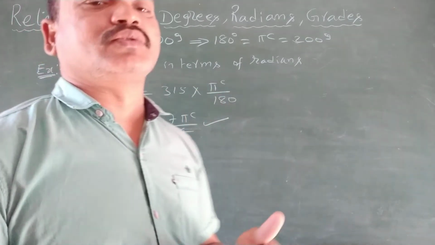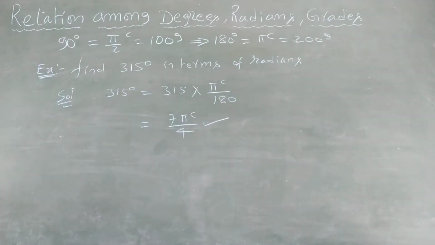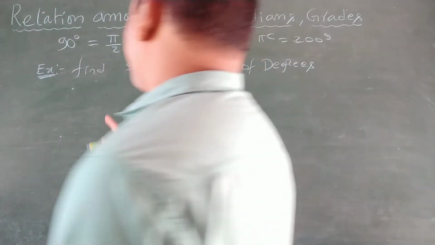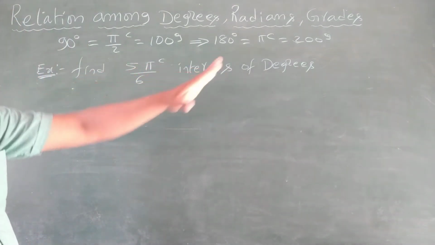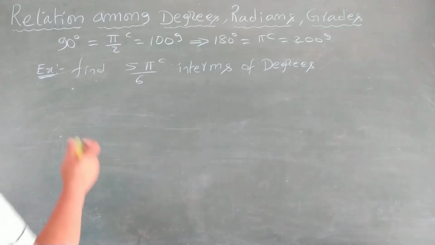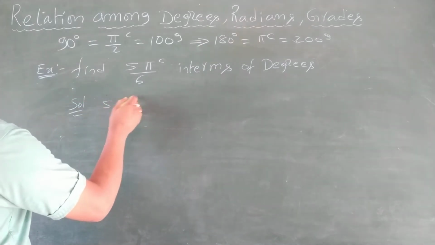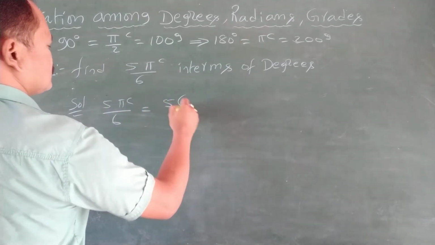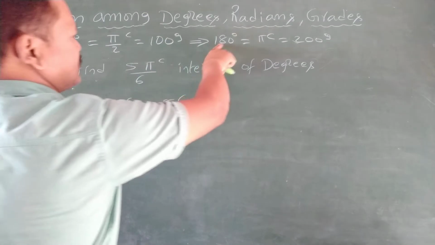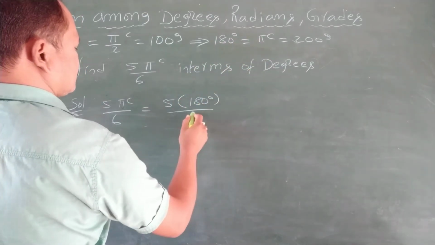Now we are going to convert radians into degrees. Observe one more example: find 5 pi by 6 radians in terms of degrees. Solution: 5 pi radians by 6 is equal to 5 into pi radians, which is nothing but 180 degrees, by 6.